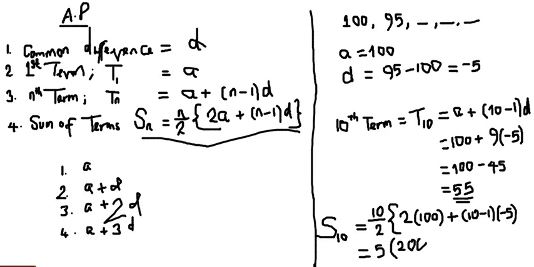Then here we have plus 10 minus 1 is 9. 9 is multiplying -5.